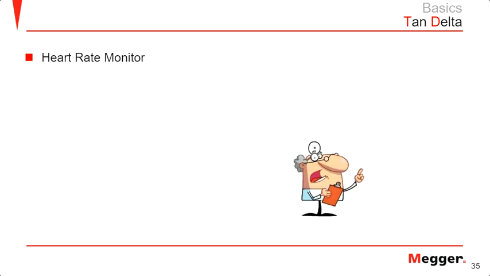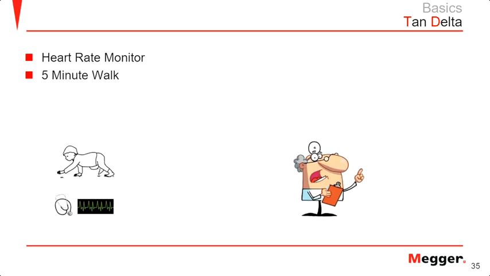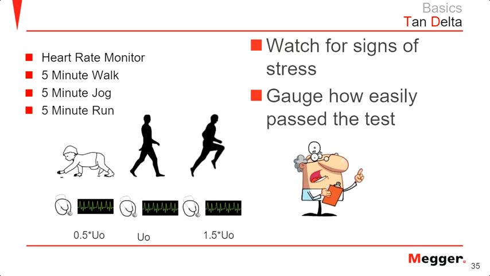Now tan delta compared to that is you can go to the doctor's office, but now you have a heart monitor attached to your chest, and the doctor asks you to do a 5 minute walk, a 5 minute jog, and a 5 minute run.